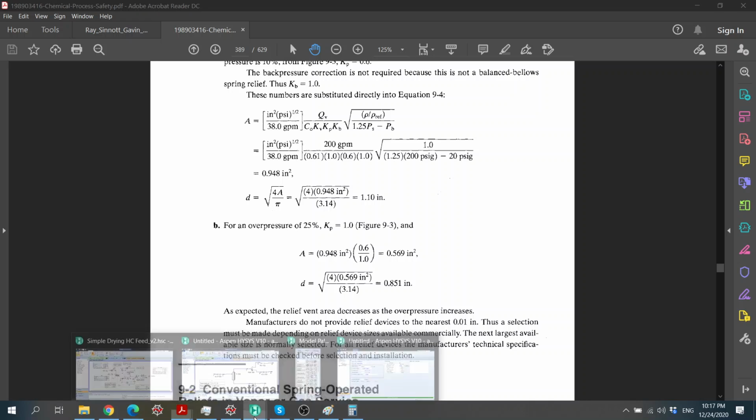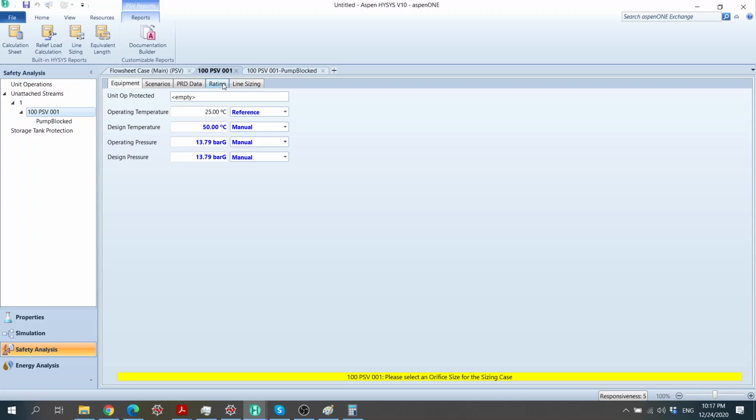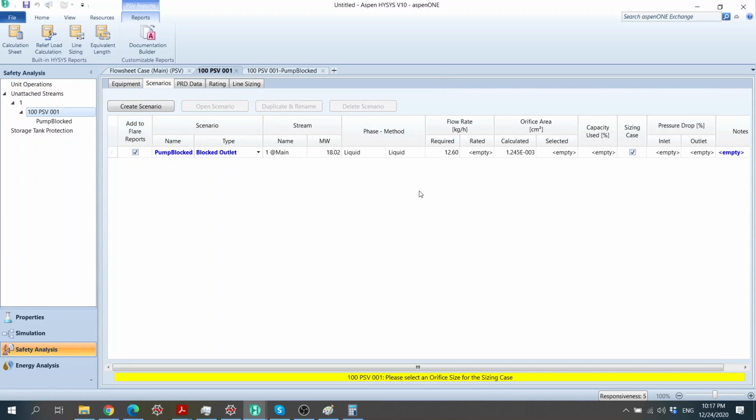Let's see what we did wrong. What did we do wrong? 12.6 kilogram an hour. It seems to be correct.